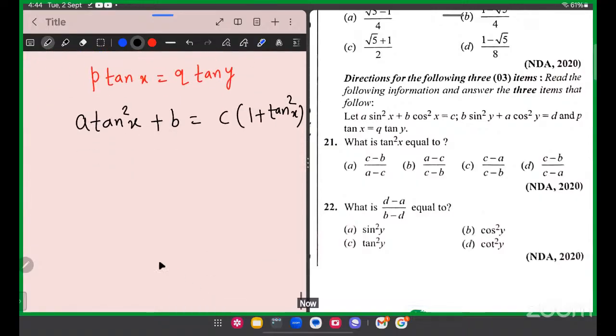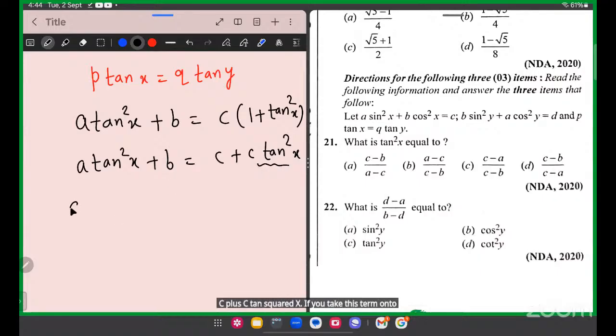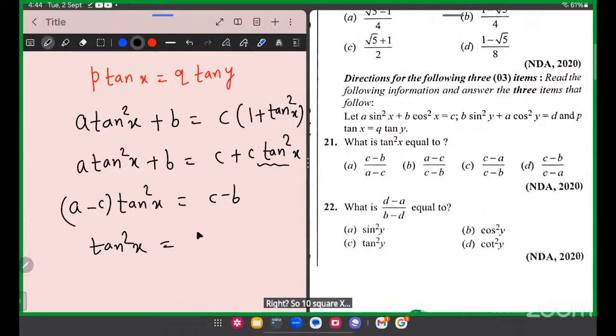Now a tan square x plus b is equal to c plus c tan square x. Now, if you take this term onto the left, it becomes a minus c tan square x is equal to c minus b, right? So tan square x will be equal to c minus b divided by a minus c.